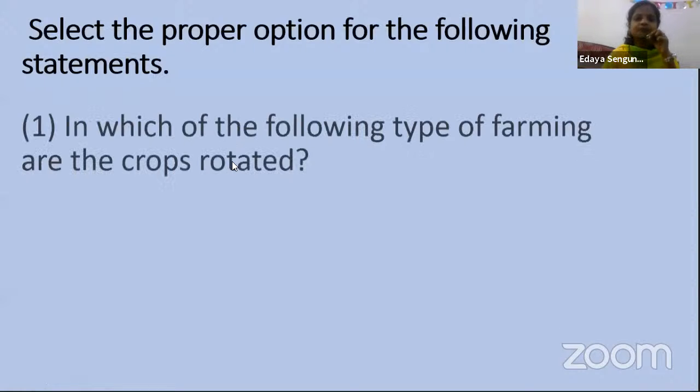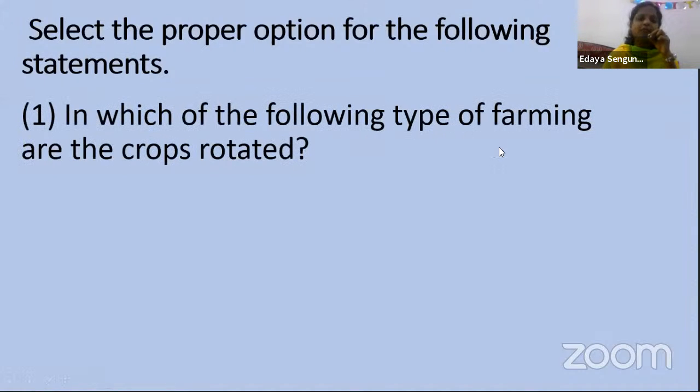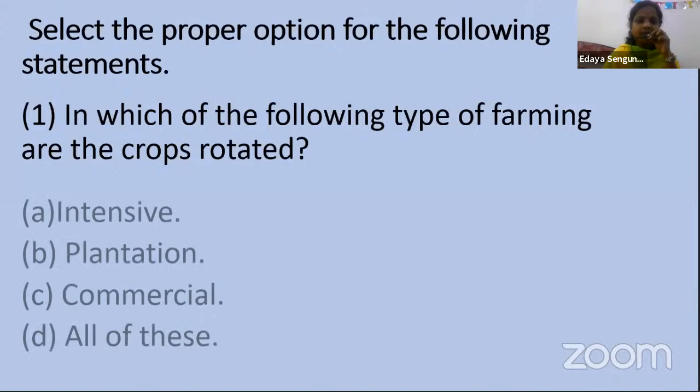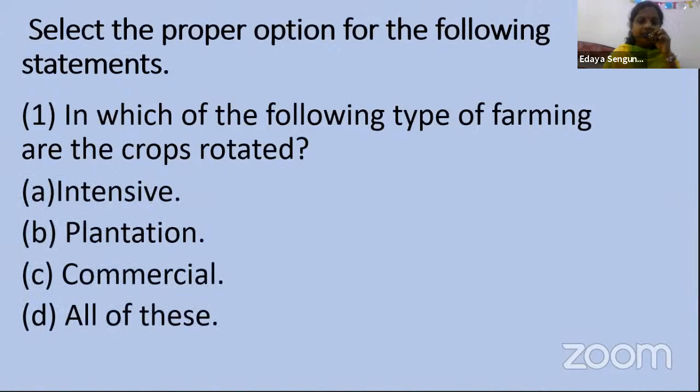In which of the following types of farming are the crops rotated? Rotational crop means a single crop is not cultivated again and again in the farmland. The crops are changed. In which type of farming? Intensive, plantation, commercial, all of this.